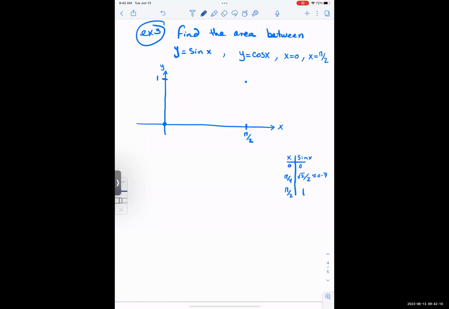So if that's 1, maybe this is 0.5, 0.7, somewhere here. So exactly halfway, which is pi over 4, the output is root 2 over 2. Somewhere there. Okay, so that's my graph of sine. I can mark it as y equals sine x.